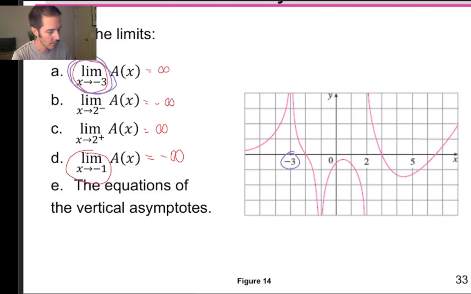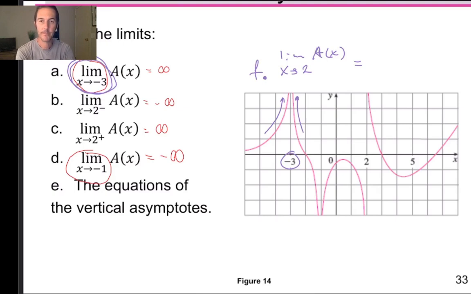And what I noticed is that as I approach from the left, it goes toward positive infinity, and as I approach from the right, it goes toward positive infinity. The question that they should have included in here is part F, which says the limit of A of x as x approaches positive 2.